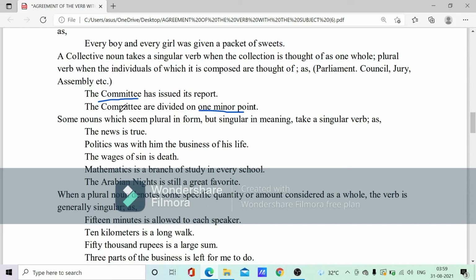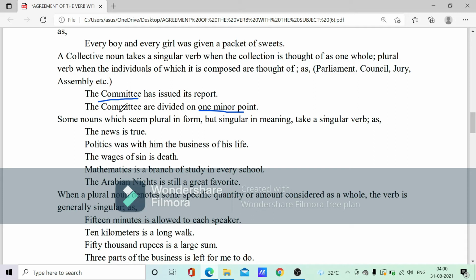I mean the people who are there in the committee do not agree on that minor point, and that's why they have different opinions. And when they have different opinions, in that case the word committee refers to a plural noun, right?